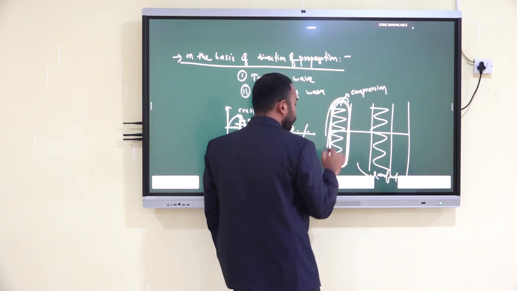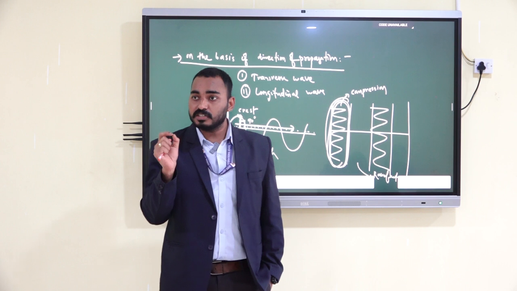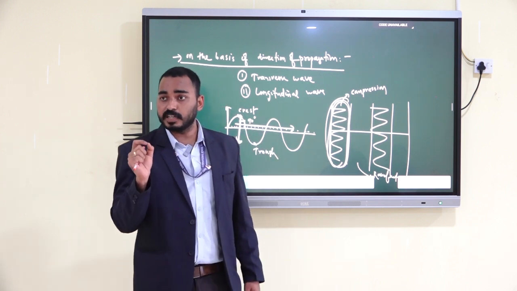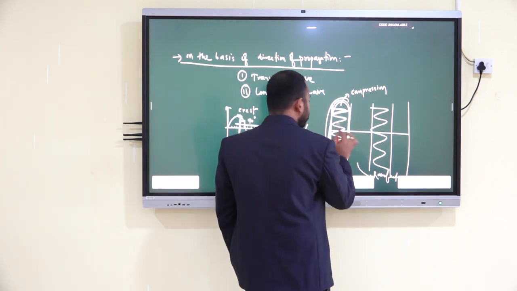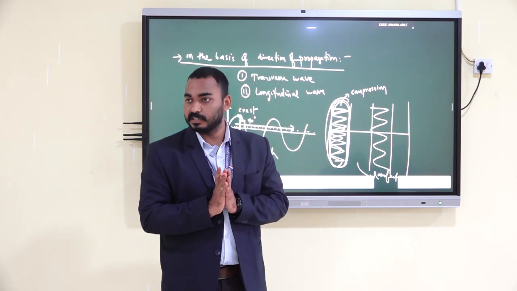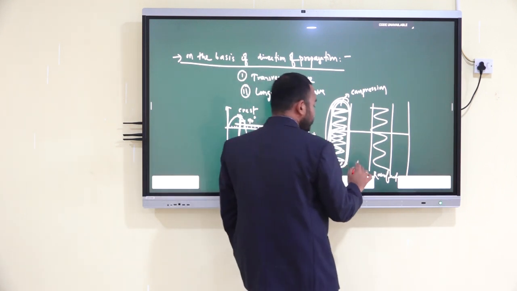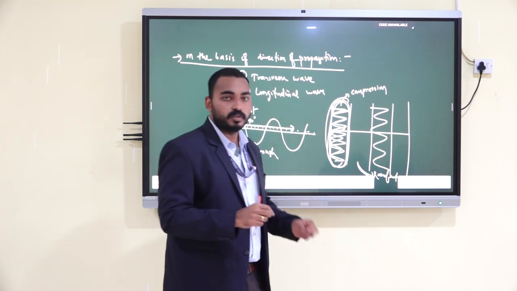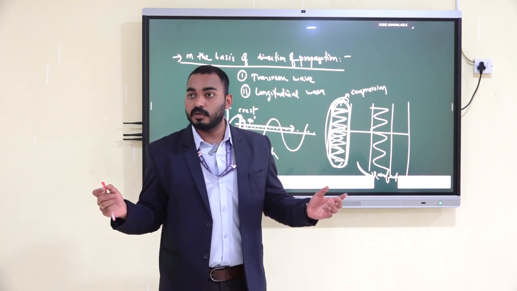Why is this known as compression? Because the particles are closely spaced, very closely spaced. That means this particular region represents what? The particles will contract with themselves. But in this rarefaction region, the particles will move away from each other.